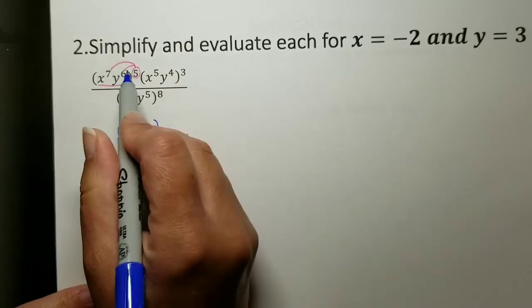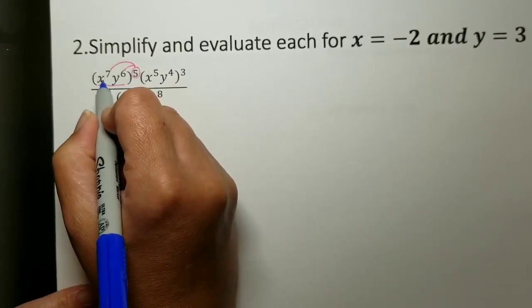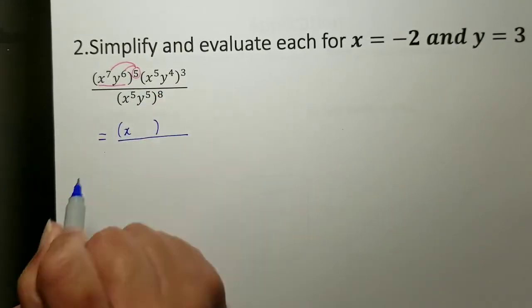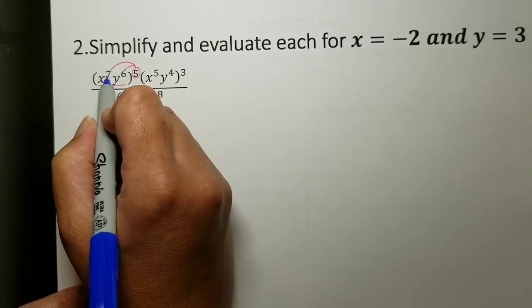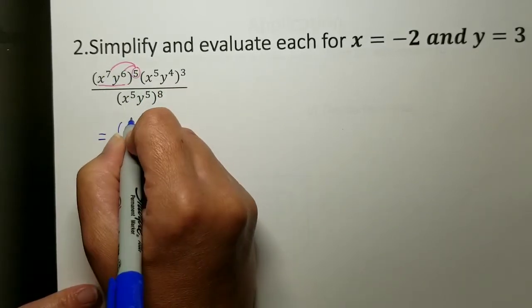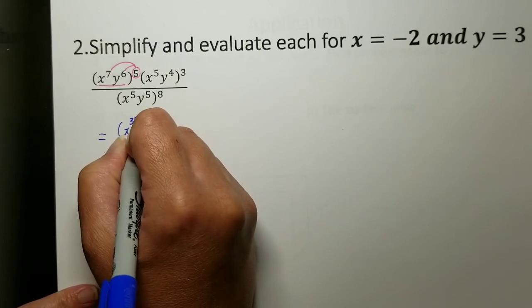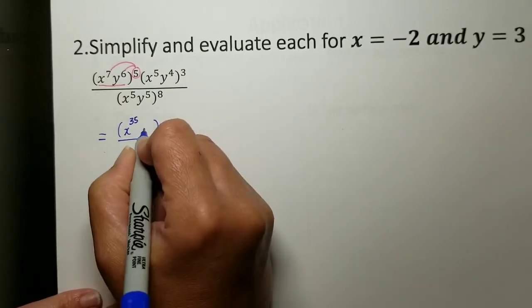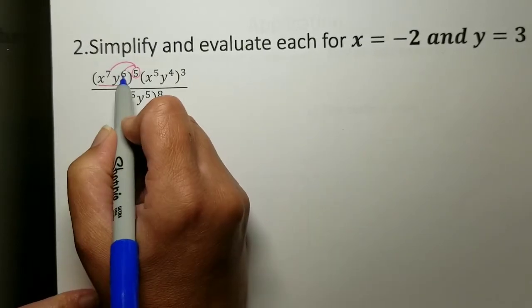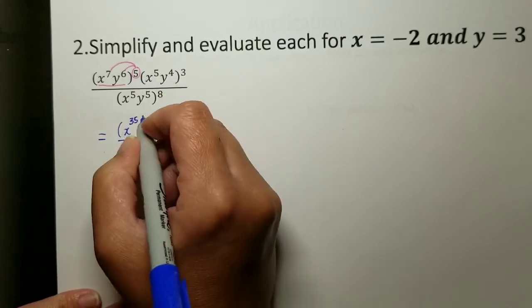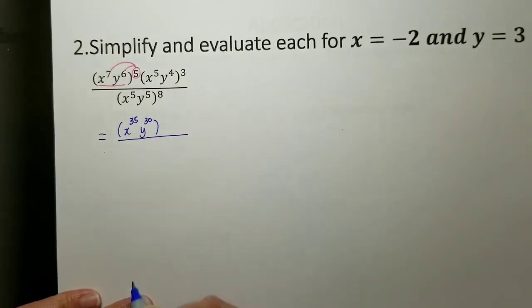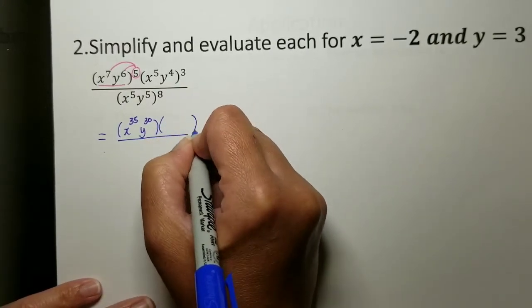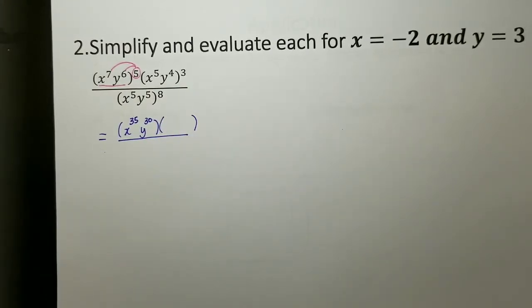I'm going to work out this exponent. So here I get x, keep the base the same, and multiply the exponents. The 7 inside and the 5 outside is 35. And then my y, keep the base the same, multiply the exponents. 6 times 5 is 30. And then I'll do the same thing for that next one.